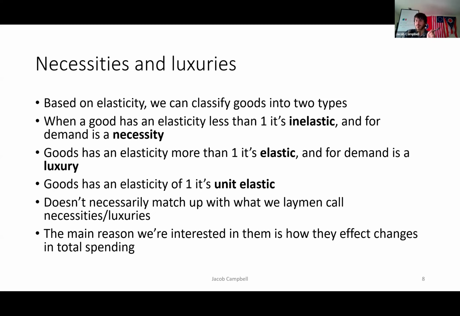This is why we have that expression, why we have that calculation, and why we call it a necessity and a luxury, respectively. If increasing the price of a good means you wind up spending more on the good, that's a necessity. If increasing the price means you wind up spending less on the good, that's a luxury.